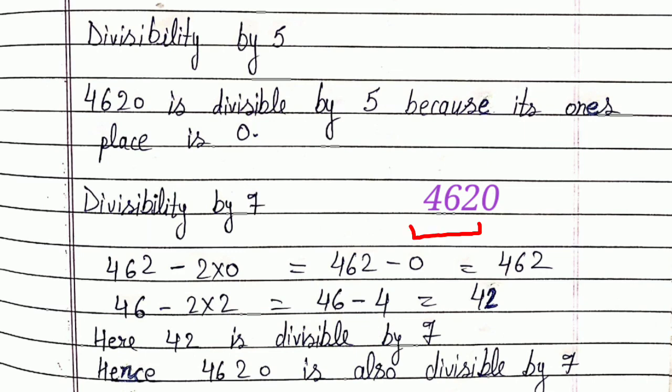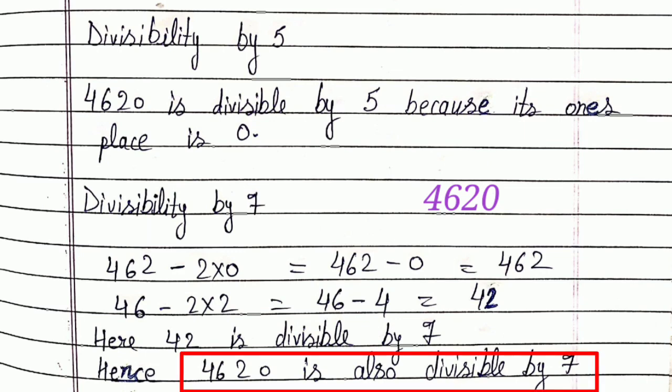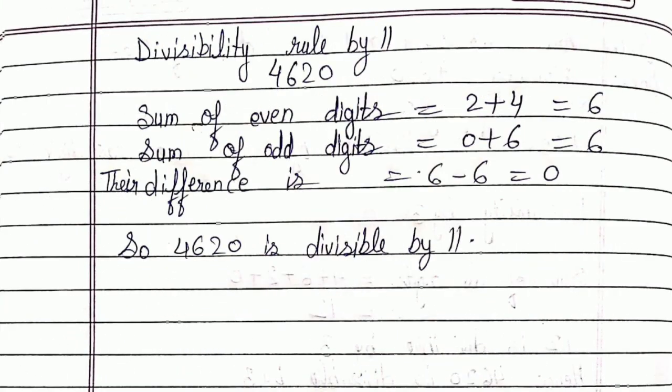After subtracting we are having 462. Again we will repeat the same process, then we will have 42. Now we can see that 42 is divisible by 7, hence we can say that this whole number 4620 is divisible by 7.